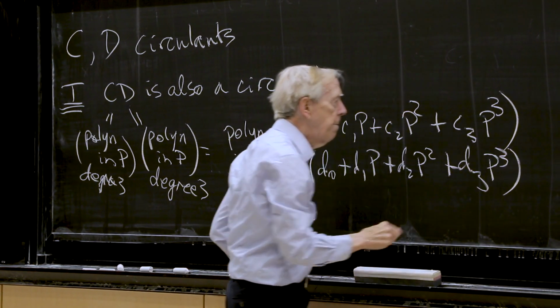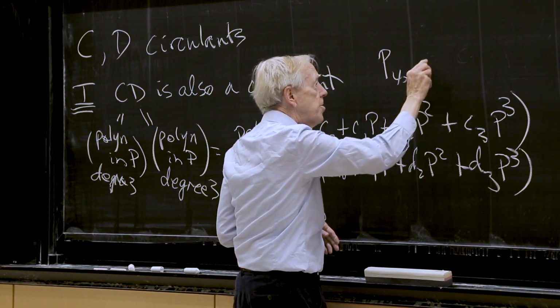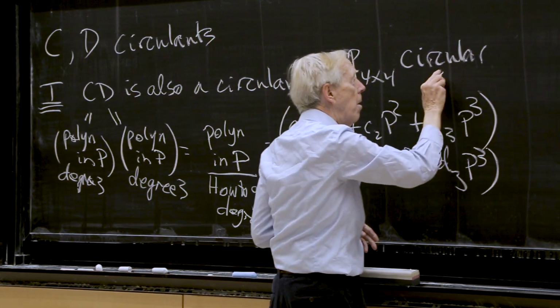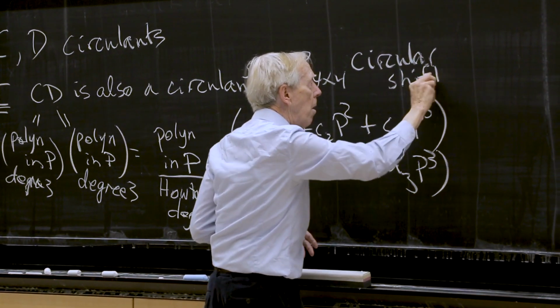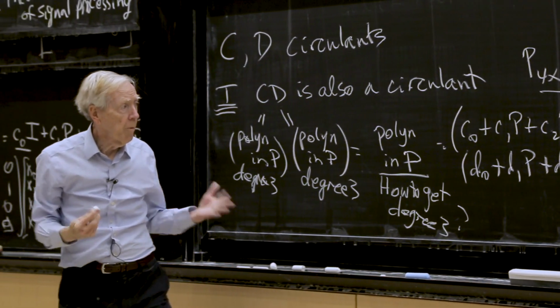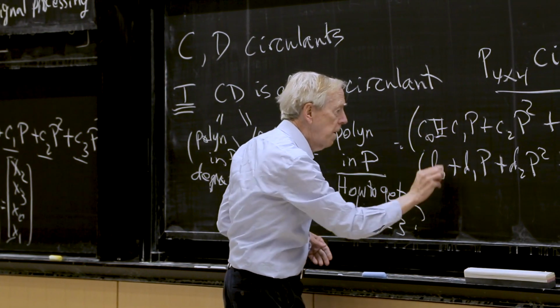So P is this, a 4 by 4 circular shift. I'm writing the 4 by 4 matrix that way. This should be the identity, of course.